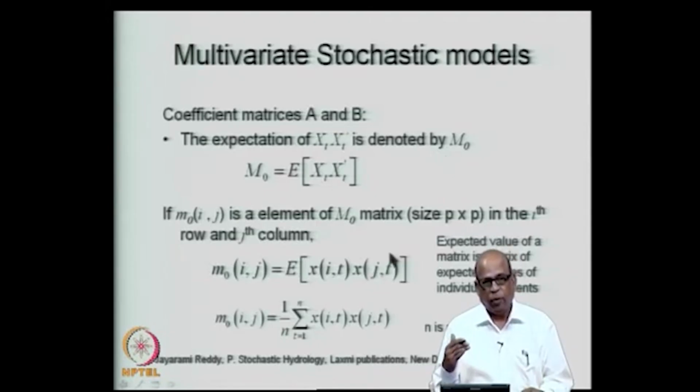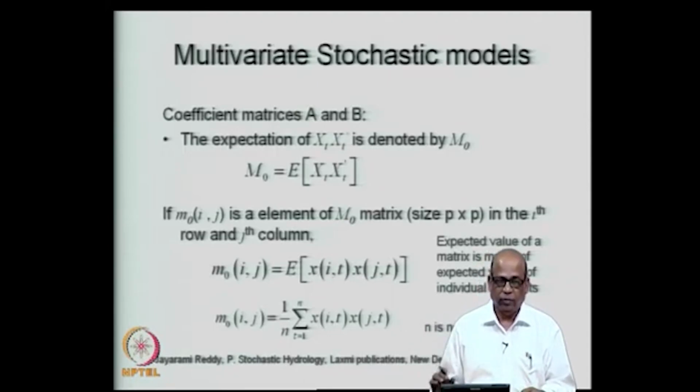Remember, we are talking about the expected value of a matrix. The expected value of a matrix is a matrix of expected values of individual elements. This is the one thing that you must remember.